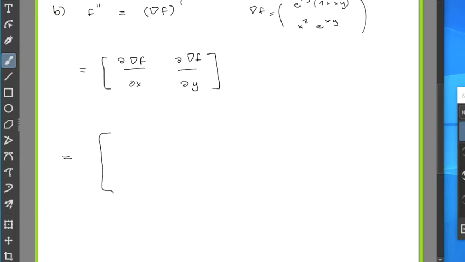When we take the derivative of the vector with respect to x, we need to take the partial derivative for each term separately. So when we derive the upper one, we again use the product rule. So the derivative of the exponential term is e^(xy) again times an inner derivative y. And when we derive the parentheses, we get a derivative which is y.